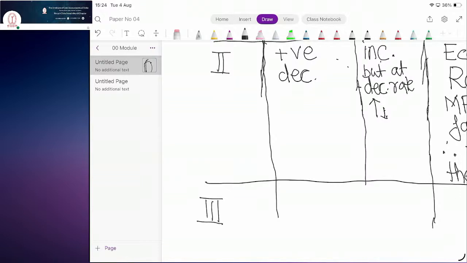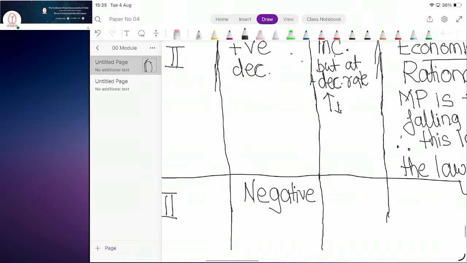Fine, just the last step we want to write, stage 3. In stage 3, what do we have? Marginal product of labor becomes negative, and total output decreases.